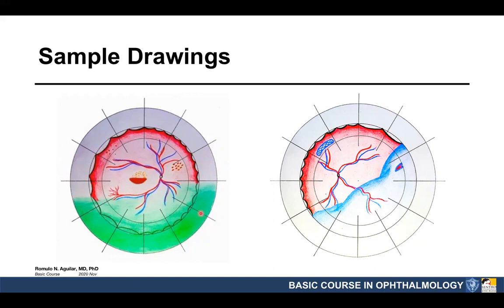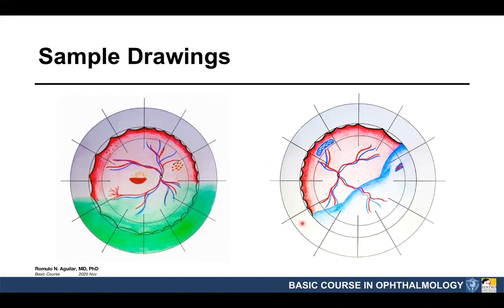Green here would denote vitreous opacity, maybe hemorrhage. On the left eye, you have lattice at around 10:30. You have a horseshoe-shaped tear at around 2:30. And you have detachment extending from about 2 o'clock all the way to about 7:30.